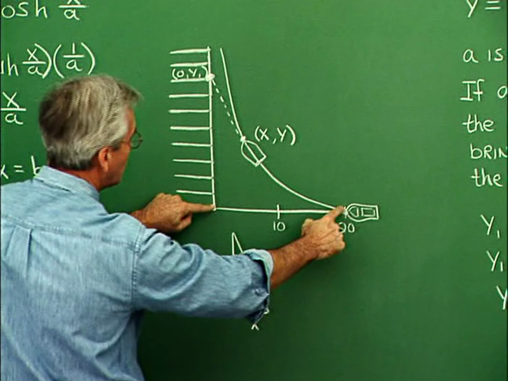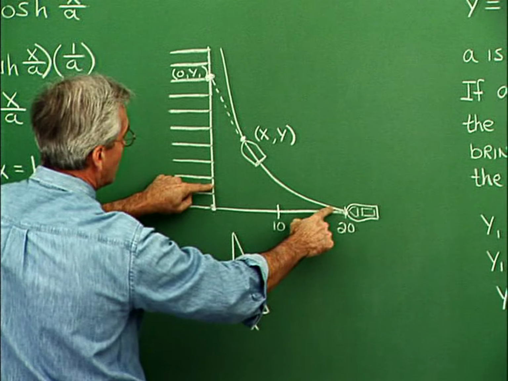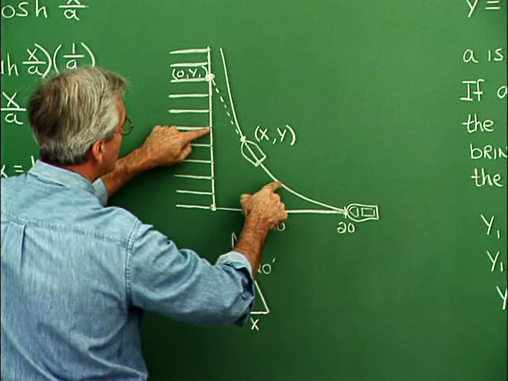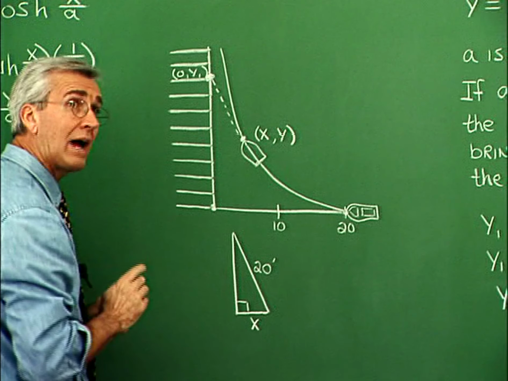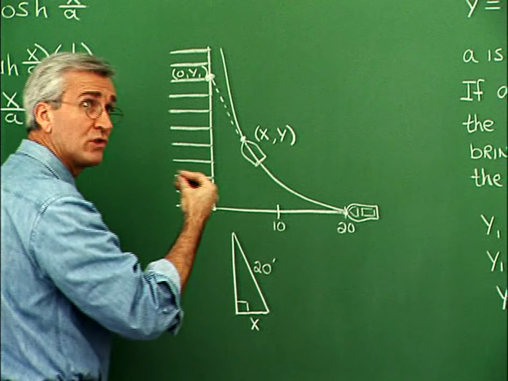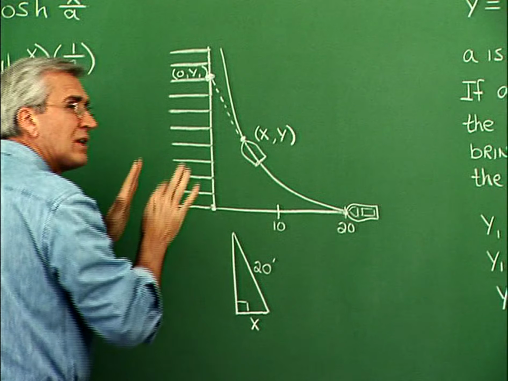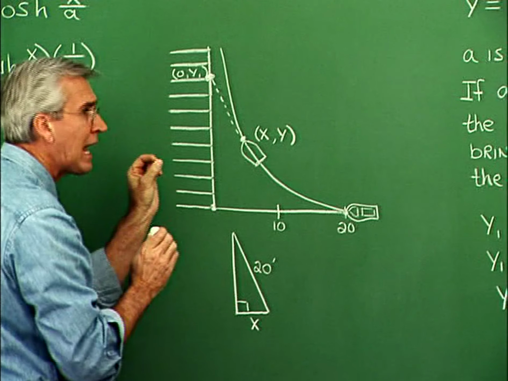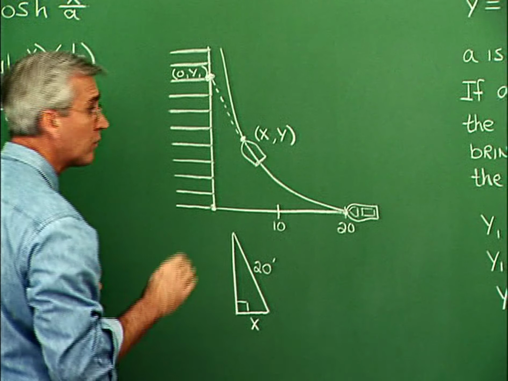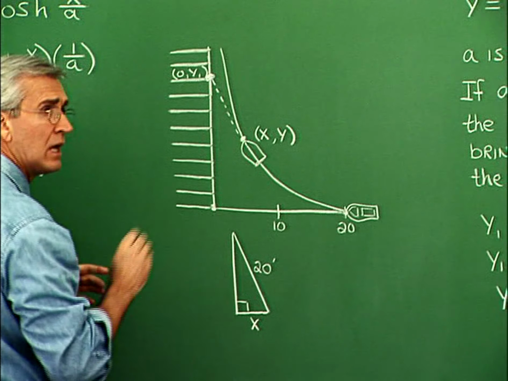And so as the person walks along the dock, the rope will be pulled, and here's the path of the boat. This path is called a tractrix. It's also a pursuit curve, but this tractrix, in this situation, has a particular equation associated with it, and we'll look at it in just a second. Here's what we're going to do.